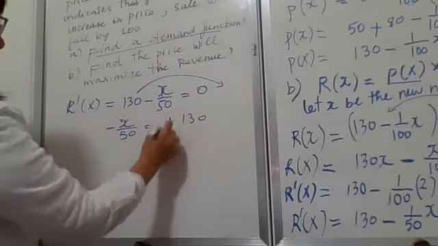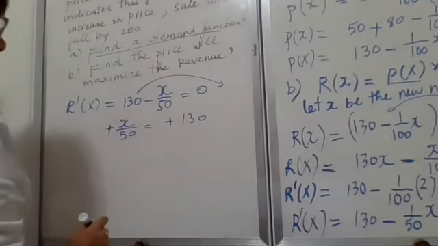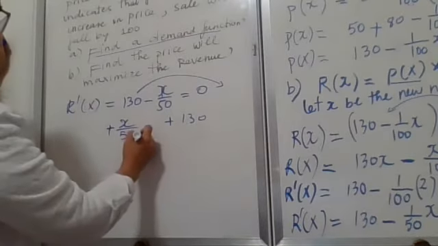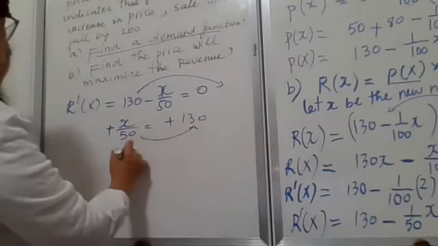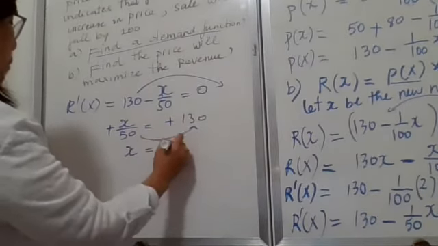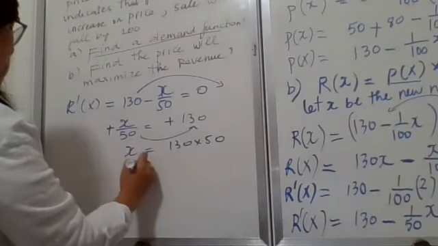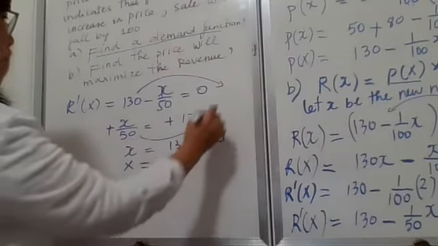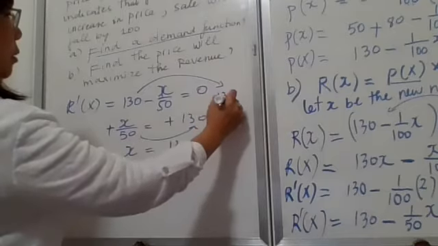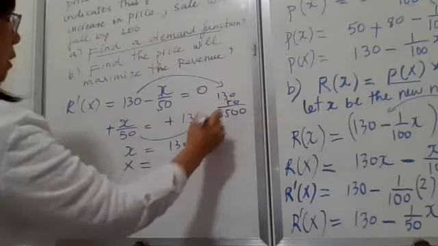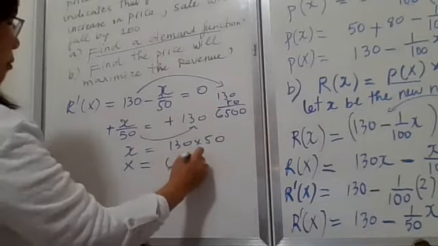Now they are both negative, so I'm going to change both to positive, left side and right side. So x equals 130 times 50. And what is 130 times 50? 6,500.